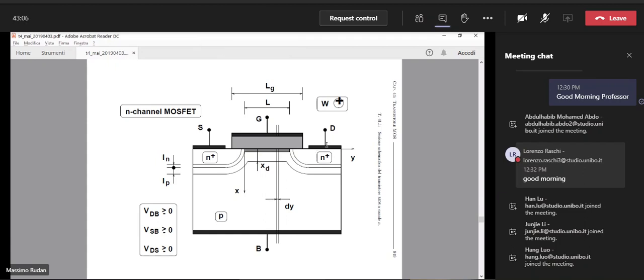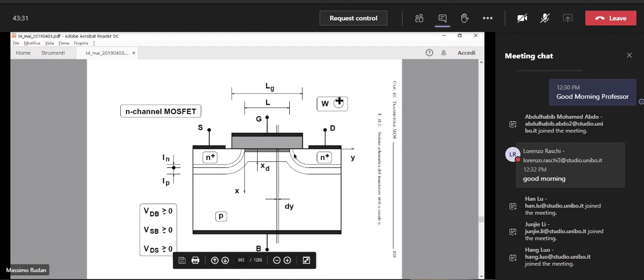Then we deposit two contacts on the two diffused regions. The contacts are called drain, the one on the right, and source on the left. Okay. And finally, we have the bulk contact below. Okay.